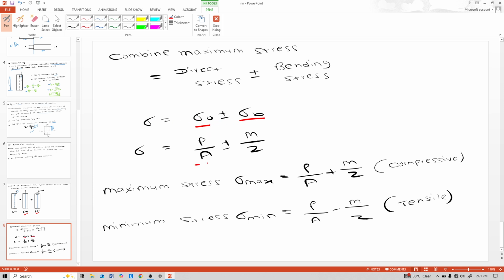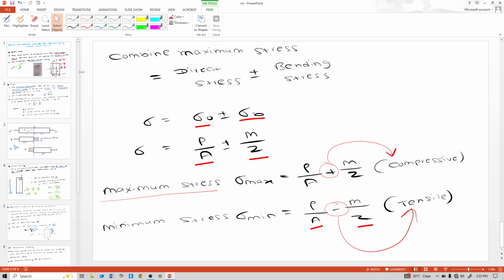Direct stress is P by A and bending stress is M by Z. So maximum stress sigma max is equal to P by A plus M by Z, and remember the plus sign is compressive. Minimum stress sigma min is P by A minus M by Z, and remember the minus sign is tensile. So this is the introduction of part B of the chapter, eccentrically loaded columns.